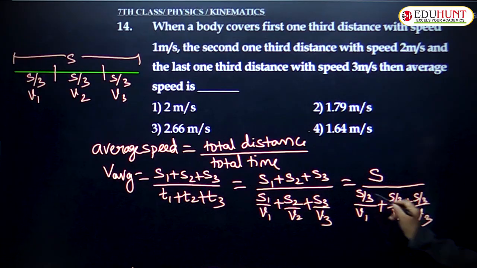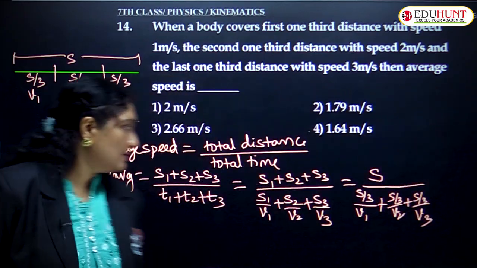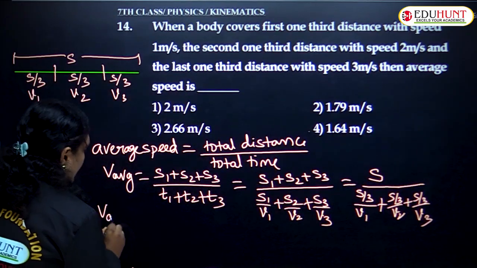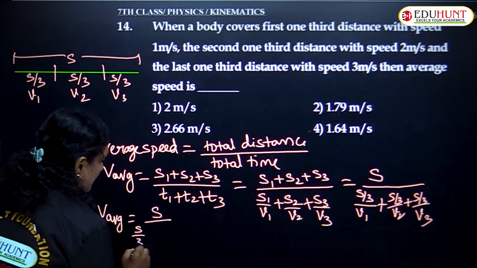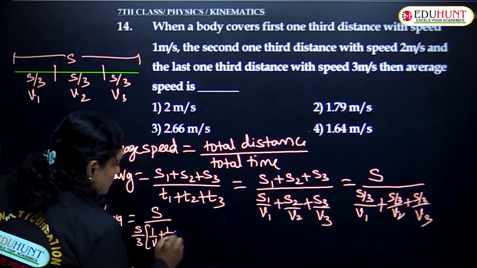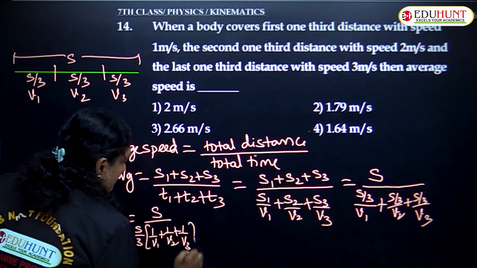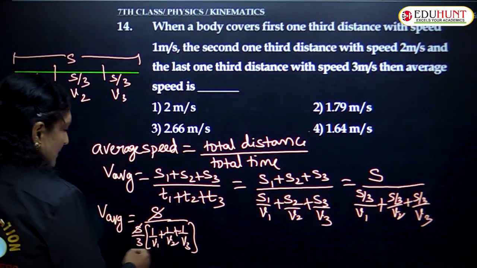Therefore, S by 3 is common. Then your formula will be transformed as V average is equal to S upon S by 3 common, 1 by V1 plus 1 by V2 plus 1 by V3. S cancel. LCM will be V1, V2, V3.